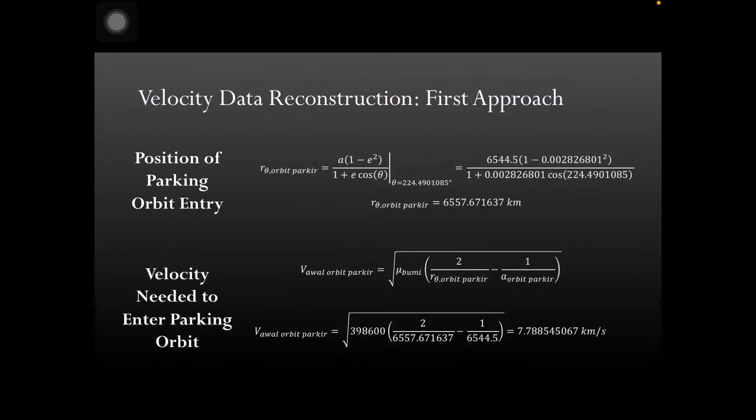Substituting the obtained data into the orbit trajectory equation, we obtain the parking orbit entry distance of around 6,557.6 kilometers. Then to obtain the velocity needed at that parking orbit position, we can use the Vis-viva integral to obtain a velocity of 7.788 kilometers per second.